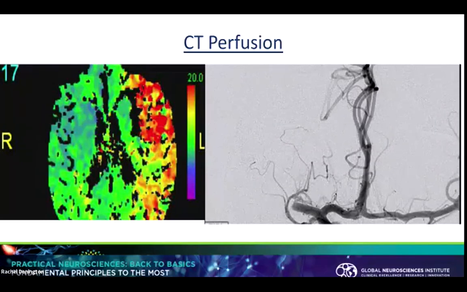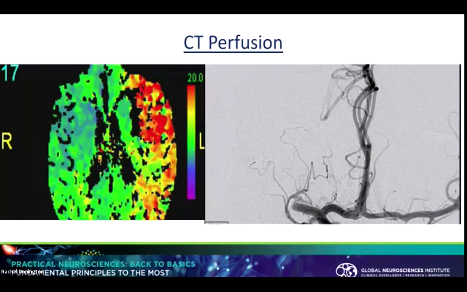This on your left is a CAT scan that's done within 20 seconds that shows, can we save this brain? That area of red that you see is telling us that if we open up an artery, we can reperfuse that brain and turn this patient from globally aphasic, meaning they can't speak, can't understand speech, and can't move the right side of their body for the rest of their life, to regaining all of those things.